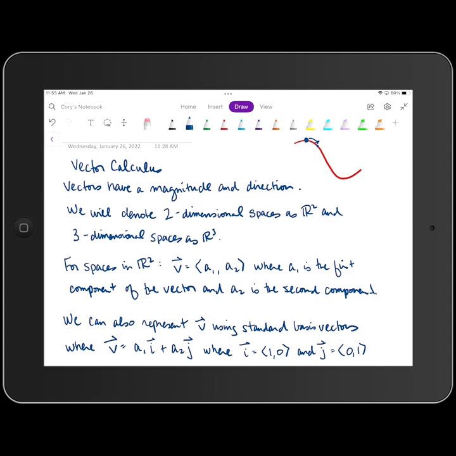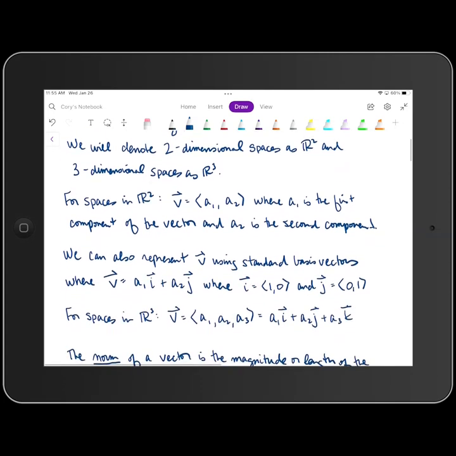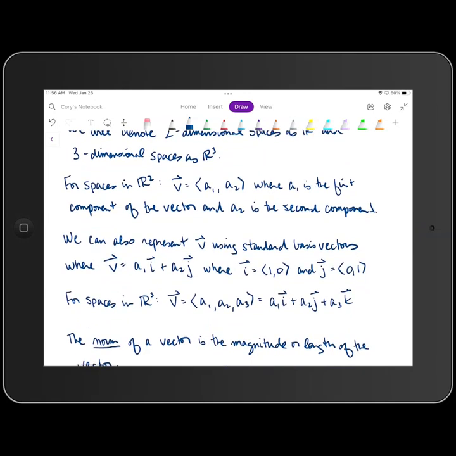Okay, we can also represent that vector v using what are called standard basis vectors, which are vectors of length 1 that in two-dimensional spaces will extend horizontally and vertically. So I can write vector v as a sub 1 times vector i plus a sub 2 times vector j.